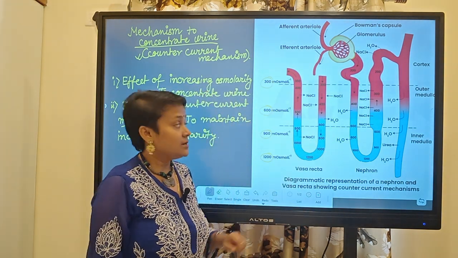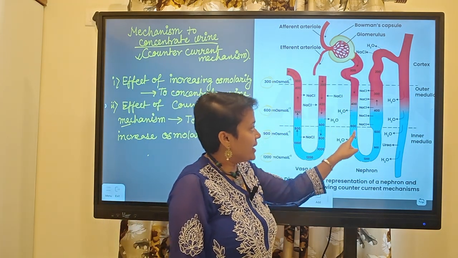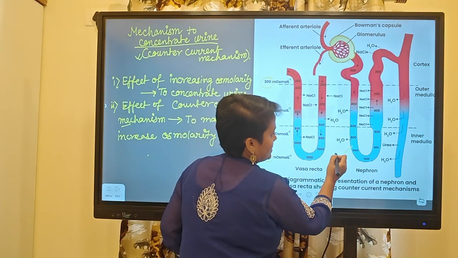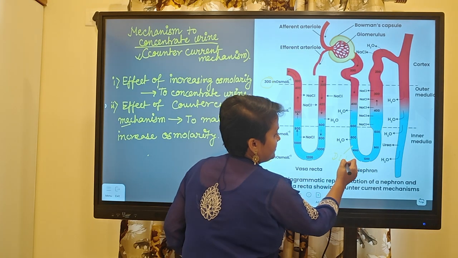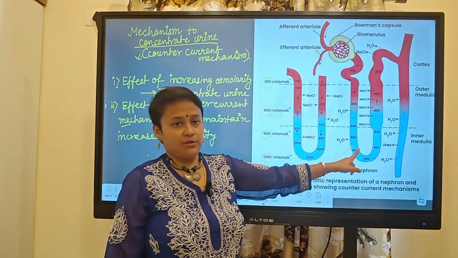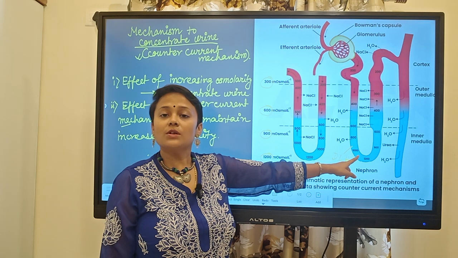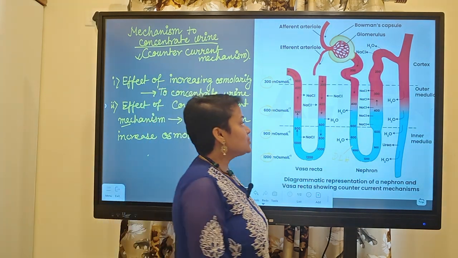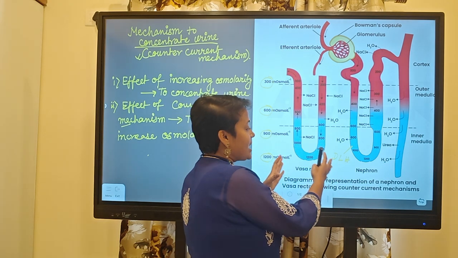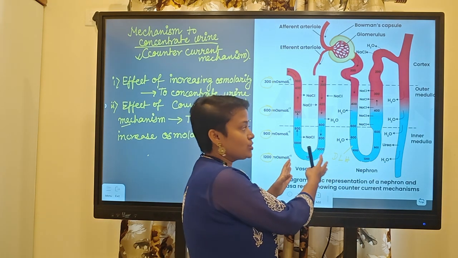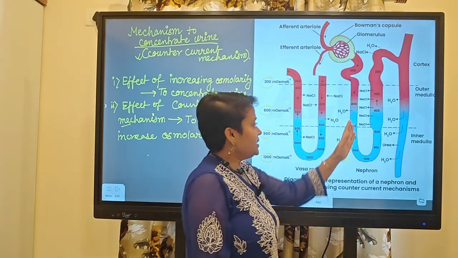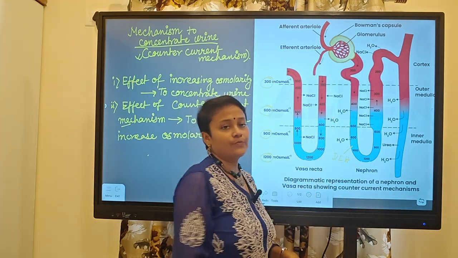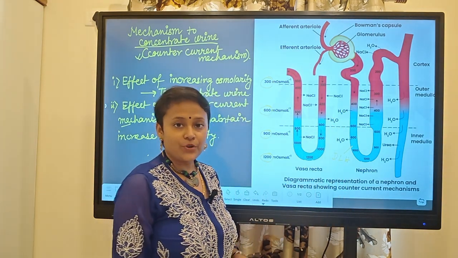We know that this one is the descending limb of Henle. This one is permeable to water and impermeable to electrolytes. So, as there is high concentration of solute, high osmolarity outside, immediately there will be efflux of water. Means water will come out from the limb, right?